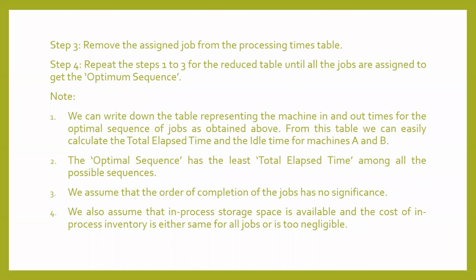We also assume that the order of completion of the job has no significance in my calculation. Clear? There are some assumptions in the notes, you can see them. We also assume that in-process storage space is available, and the cost of in-process inventory is either the same for all the jobs or is negligible.